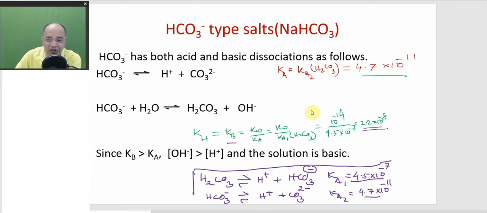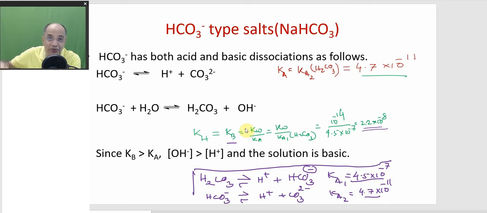This basic dissociation is almost 500 times greater than the acid dissociation. Yes, you are true, Mr. Zain. Therefore, we are inclined to believe that the solution is basic. In fact, it is basic.